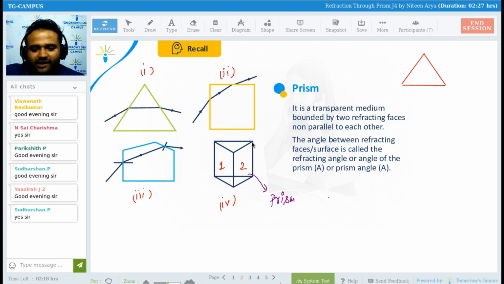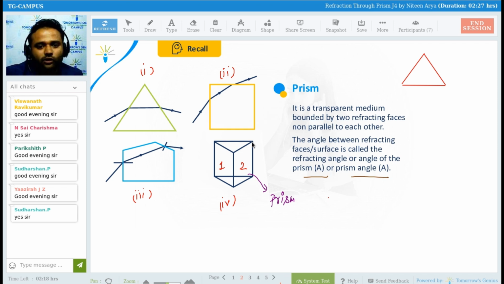Clear? It is a transparent medium bounded by refracting faces non-parallel to each other. The angle between the refracting surfaces is called the refracting angle, or angle of the prism A, or prism angle.